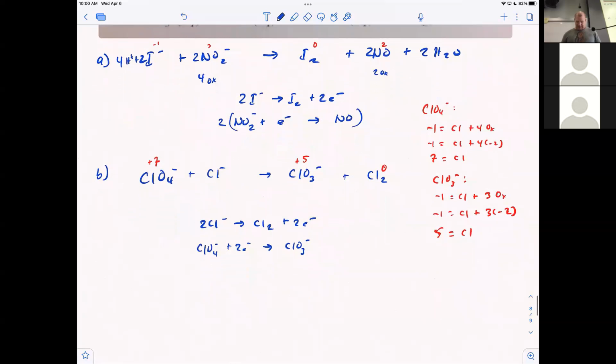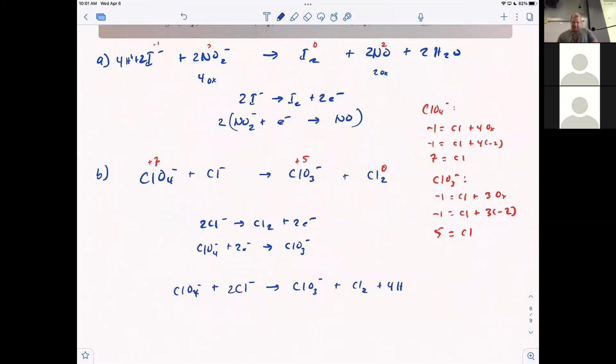So we can then do ClO4 minus plus, actually, for 2 chlorides, ClO3 minus plus Cl2. And now we have 4 oxygens on the left.